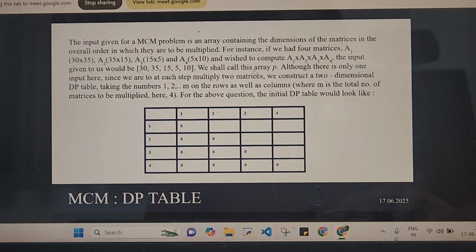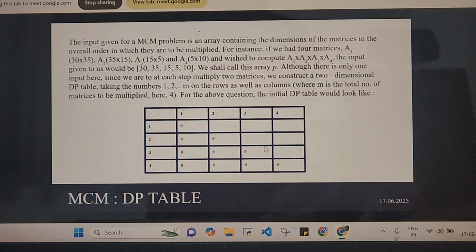Now this is the only input given to us, and in all the examples I've been teaching you so far, I made the claim that the dimension of your DP table is equal to the number of input parameters you get. Here I would like to make a contradictory statement. Although you have only one input, which is this array, we will make a 2-dimensional DP table because we are going to be multiplying at least 2 matrices at each step.